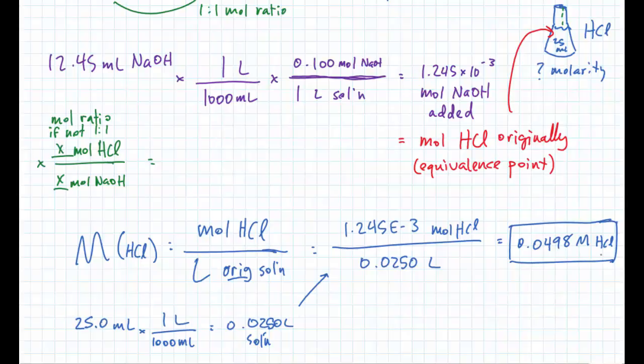So, pretty much any titration problem will take some sort of path like this, where we figure out moles of one thing, we set that equal to moles of the other thing because that's what happens at the equivalence point, and then we divide by how much volume those moles were dissolved in to figure out that concentration.